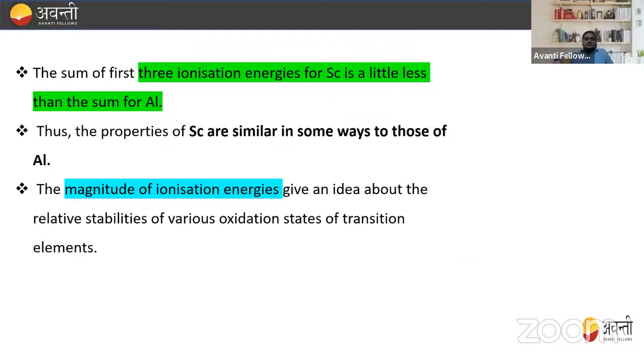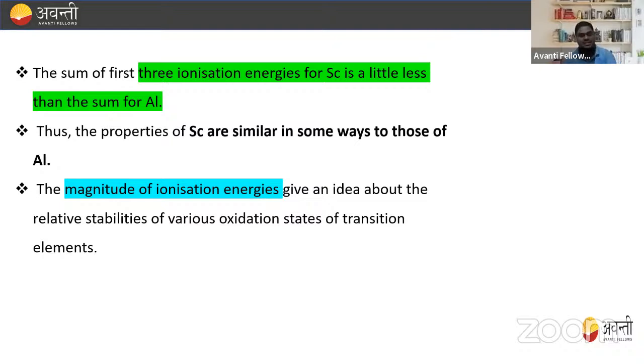Now, the sum of the first three ionization energies for scandium is a little less than the sum for aluminum. Thus, the properties of scandium are similar in some ways to those of aluminum.